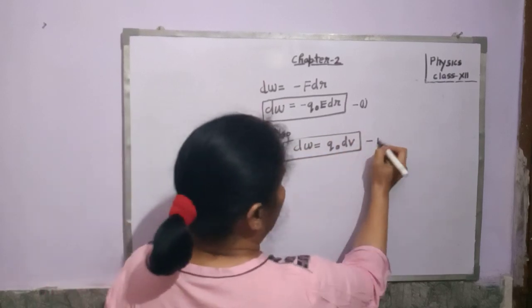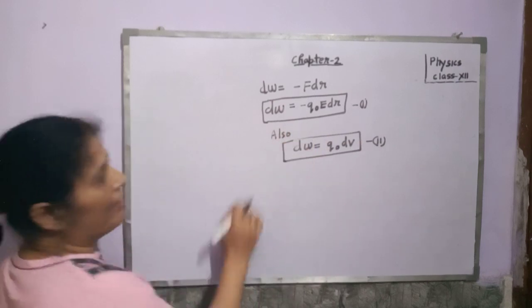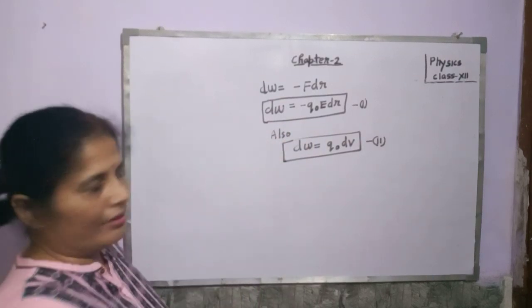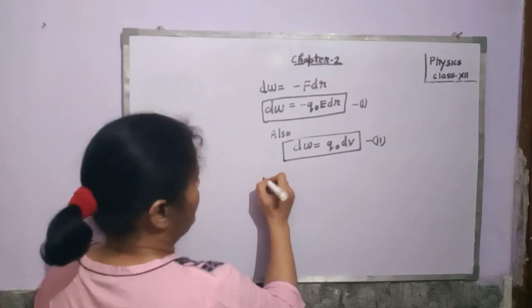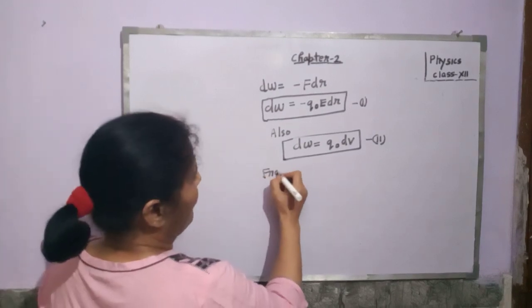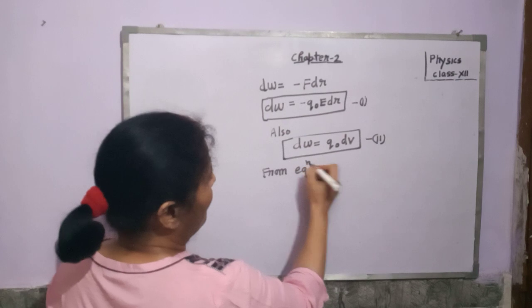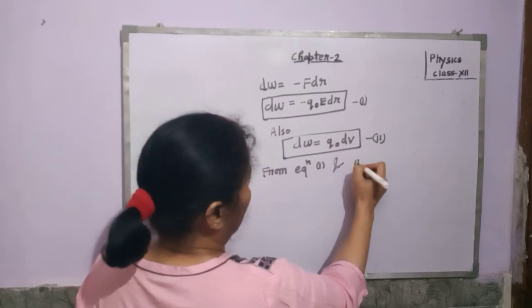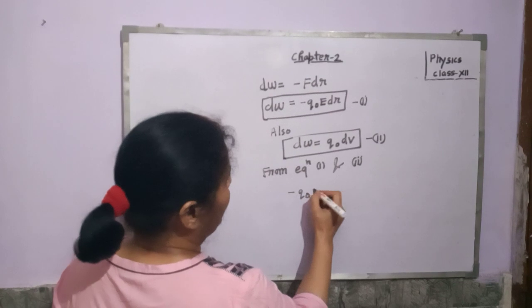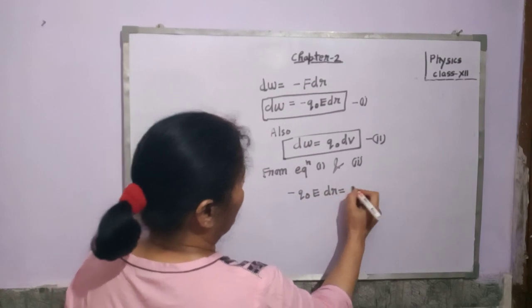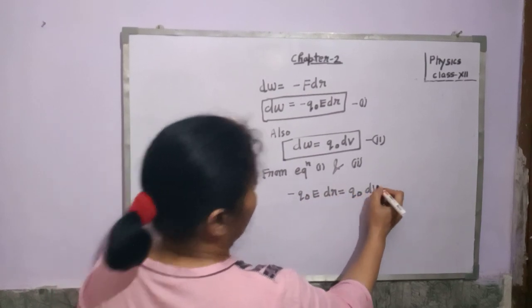If we compare these two equations, you can see here left hand sides are the same. Therefore right hand sides will also be the same. Hence, from equation number 1 and 2, we get minus q naught E dr is equal to q naught dV.